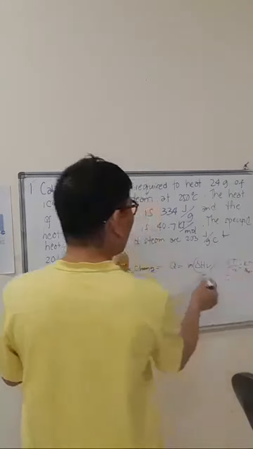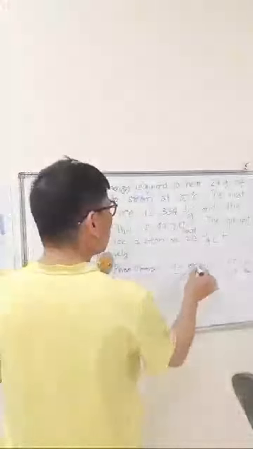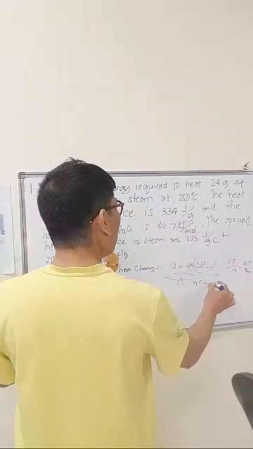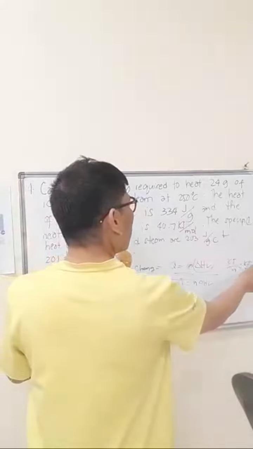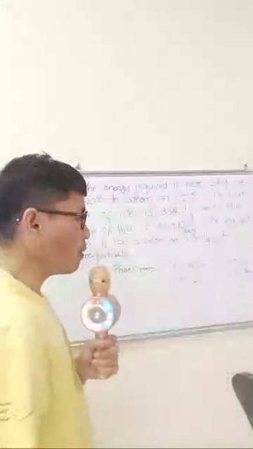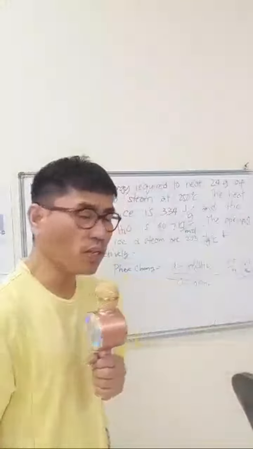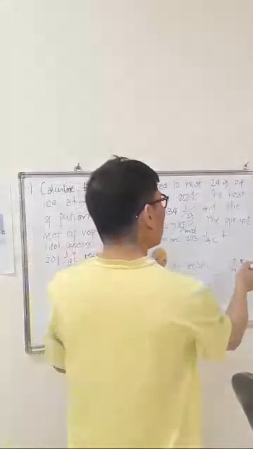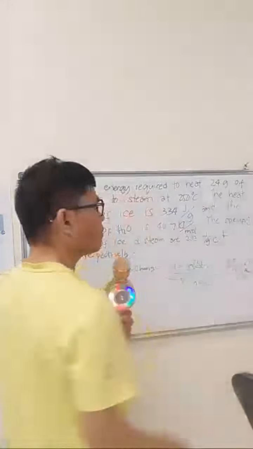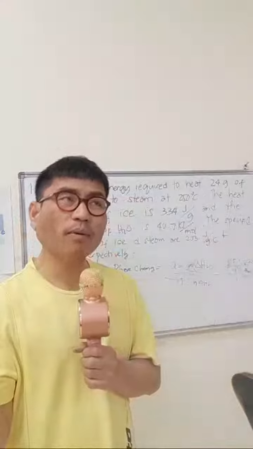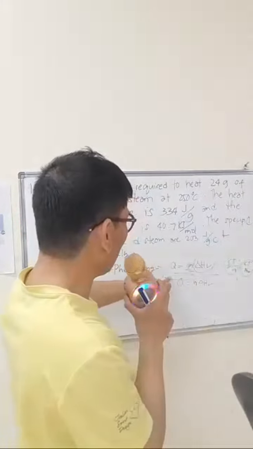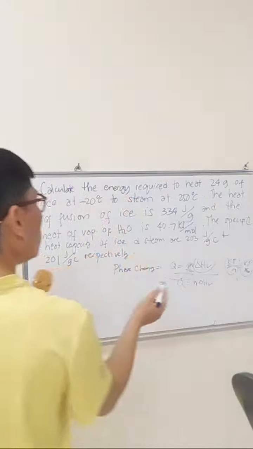So this formula could be adjusted to Q = n times ΔHv if your unit given is kilojoules per mole for your latent heat of vaporization or latent heat of fusion. But most of the time it's kilojoules per gram, so the formula will matter. If you do the conversion, you can also do that, but this is the part that you should know. So this is for the phase change.